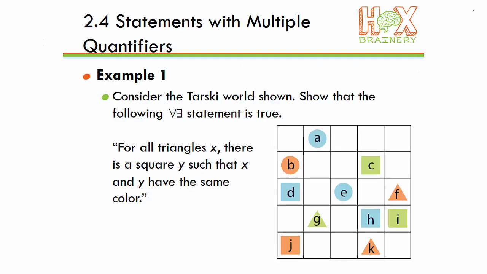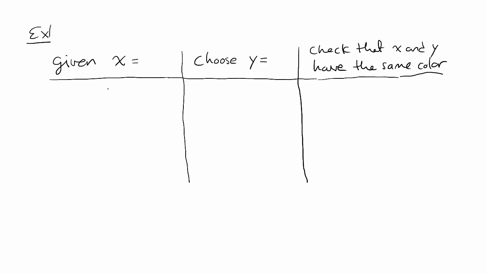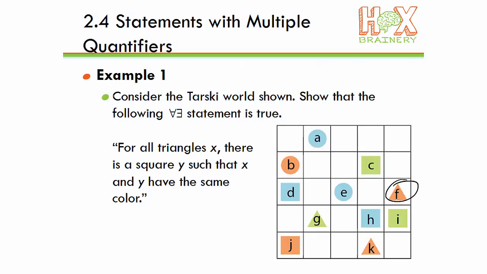Okay, so for all triangles x. How about our first triangle can be F. We have triangle F. We're going to list that here. So if someone gives you triangle F, can we pick a square y so that it has the same color as triangle F?